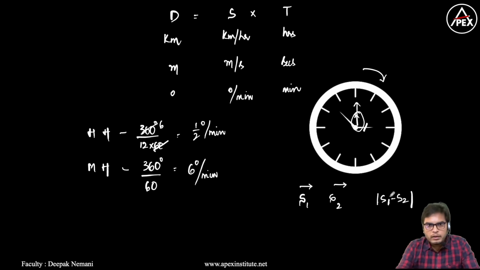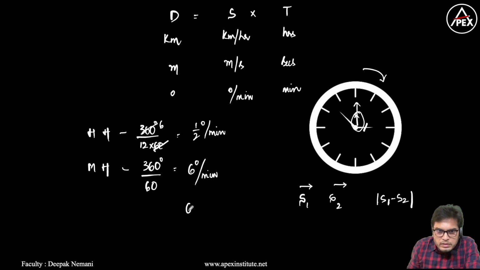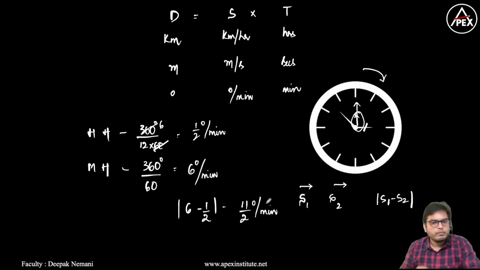Similarly here we have two hands, hour hand and minute hand, traveling in the same direction. So the relative speed of minute hand with respect to hour hand will be 6 minus 1 by 2, which is nothing but 12 minus 1, 11 by 2 degrees per minute. So the minute hand will be moving with a speed of 11 by 2 degrees per minute with respect to hour hand, right? So these are the basic things that you need to know to solve any question from clocks.